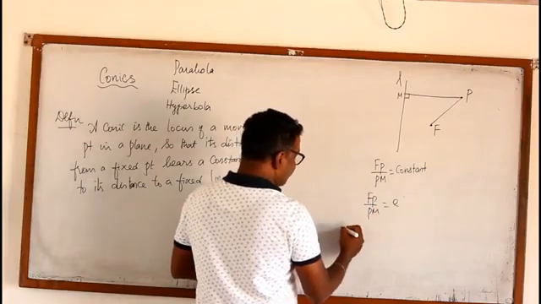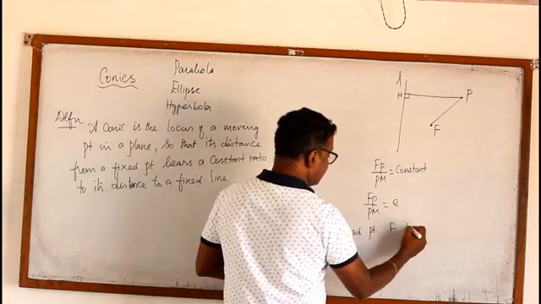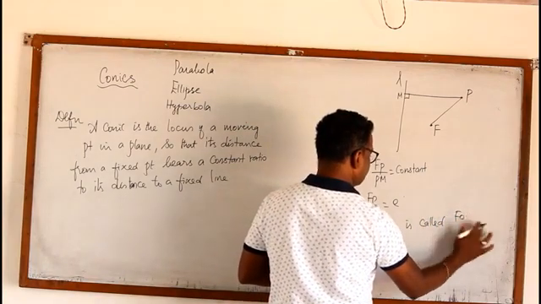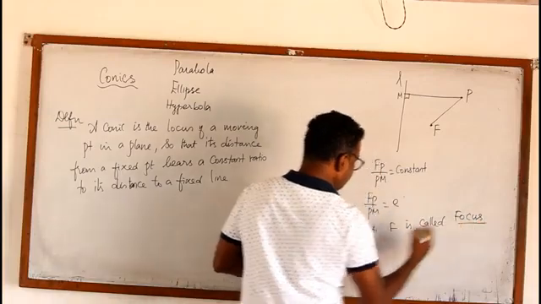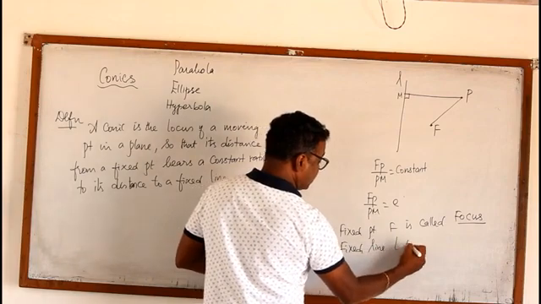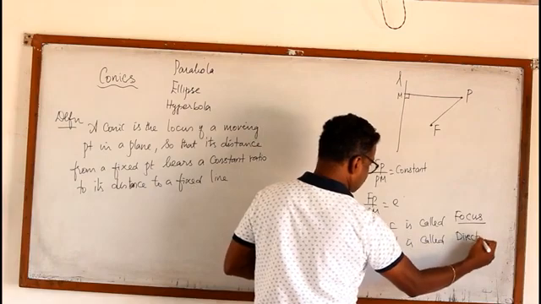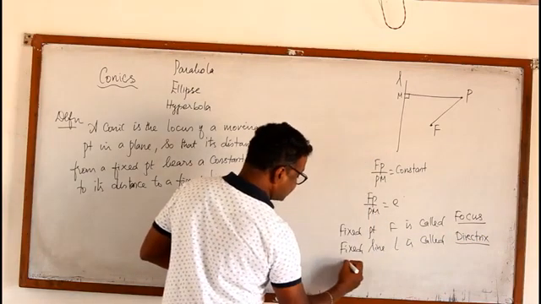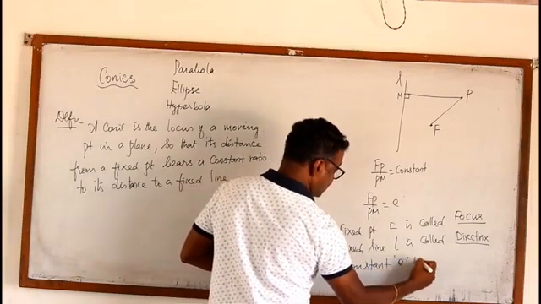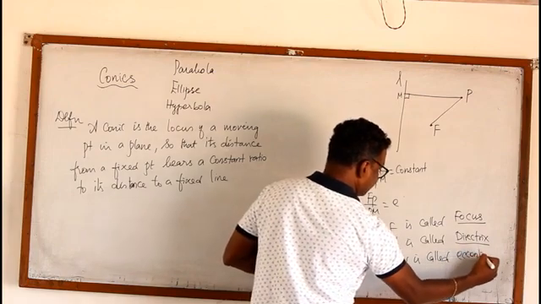Here the fixed point F is called the focus, the fixed line L is called the directrix, and the constant e is called the eccentricity.